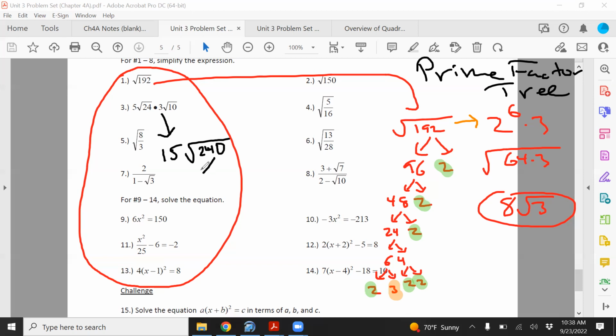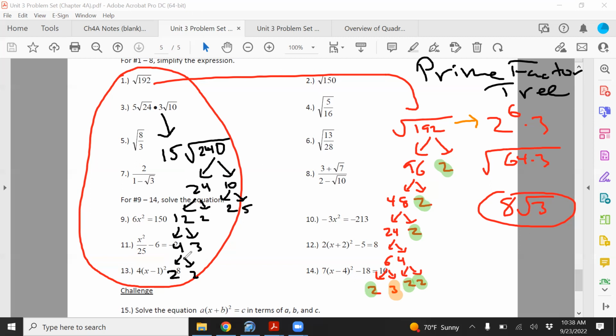Okay, root 240. Kind of an absurdly large number. I could break it down. Some ways I could break it down: divide by 4, or I could do 24 and 10 again, 2 and 5. How do you break down 24? 12 and 2, 12 is 4 and 3. So 60 root 15.